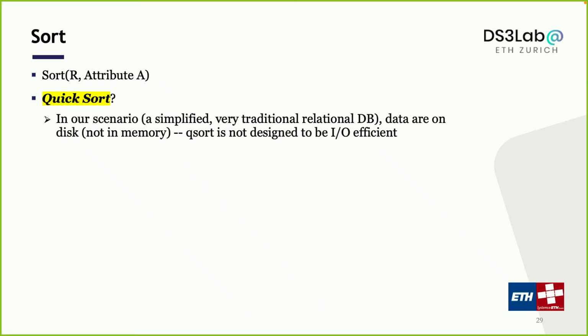But when we talk about a hard drive, every time I read something, we are talking about a 4 kilobyte block. Now my data is on my hard drive, and the thing I care about is less about how many times my CPU needs to compare things, which is what you want to optimize for quicksort. Now I want to optimize the amount of data input and output from my hard drive.